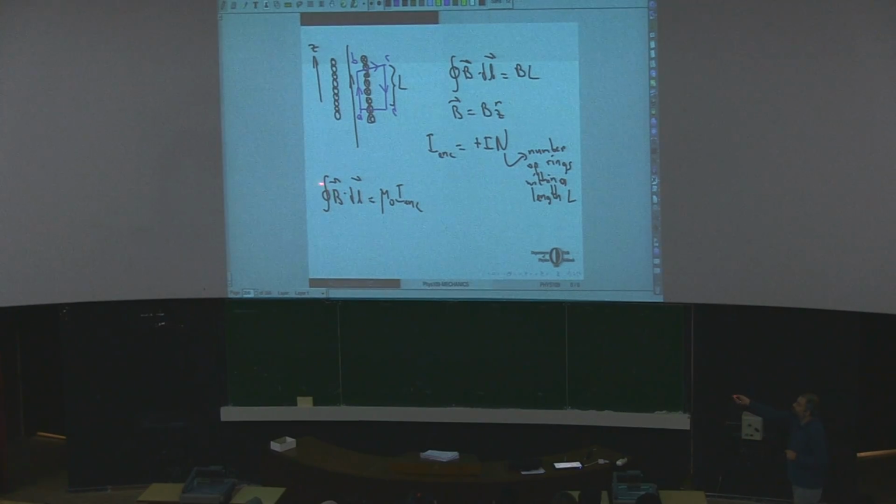Here, you are free to choose your path. I could have chosen my path to be rotating like this, or the other way around. I am free to make that choice. But once I choose my path, and in which sense it is running, I am fixing the positive direction of the current.